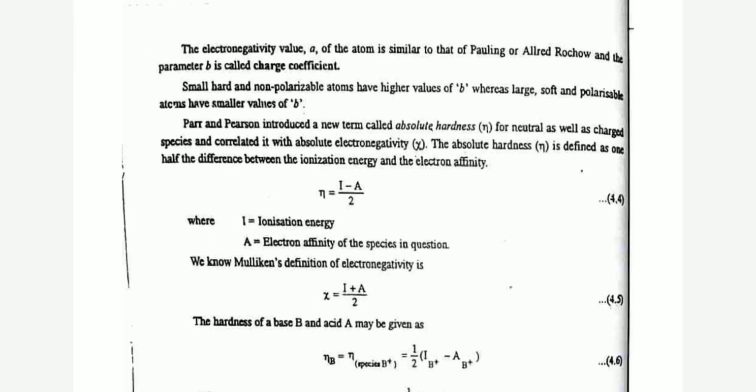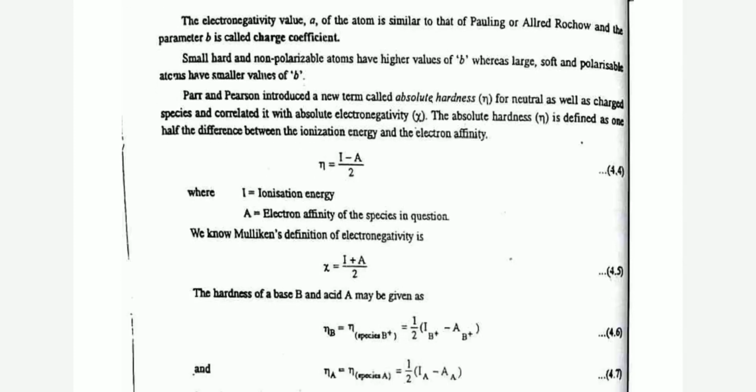Parr and Pearson introduced a new term called absolute hardness, eta, for neutral as well as charged species and correlated it with absolute electronegativity psi. The absolute hardness eta is defined as one half the difference between ionization energy and the electron affinity. Eta is equal to (I minus A) by 2, where I is the ionization energy and A is the electron affinity of the species in question.